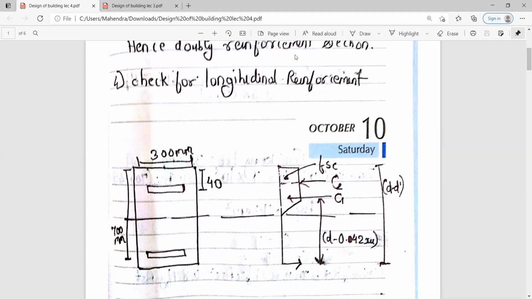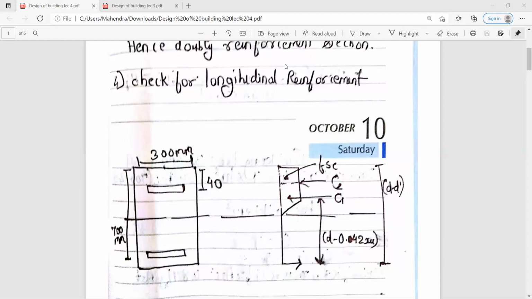So just draw this diagram for the longitudinal reinforcement for the doubly reinforced section.